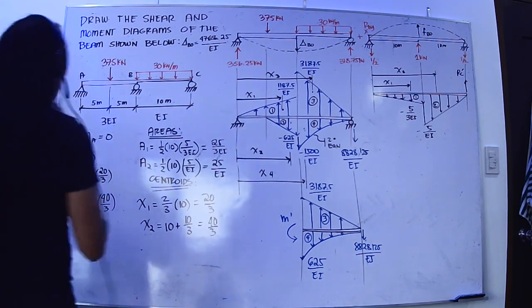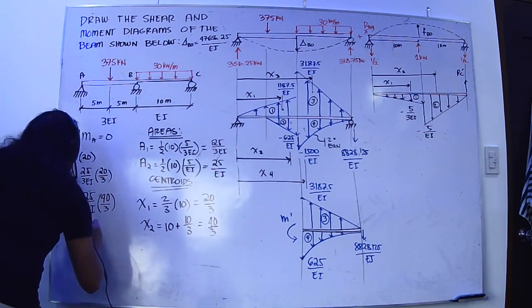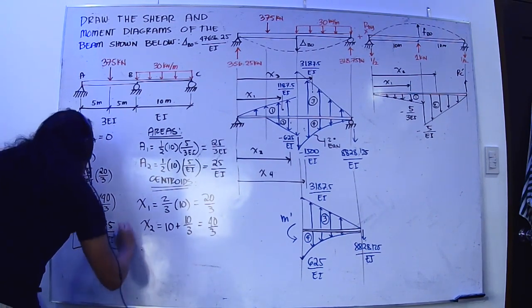That is 175 over 9. RC prime is equal to 175 over 9 EI. Okay, so that is what we get.